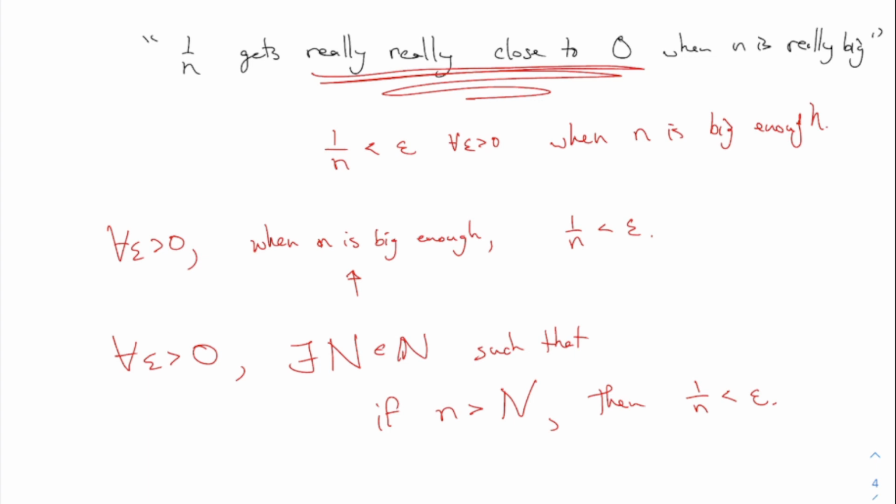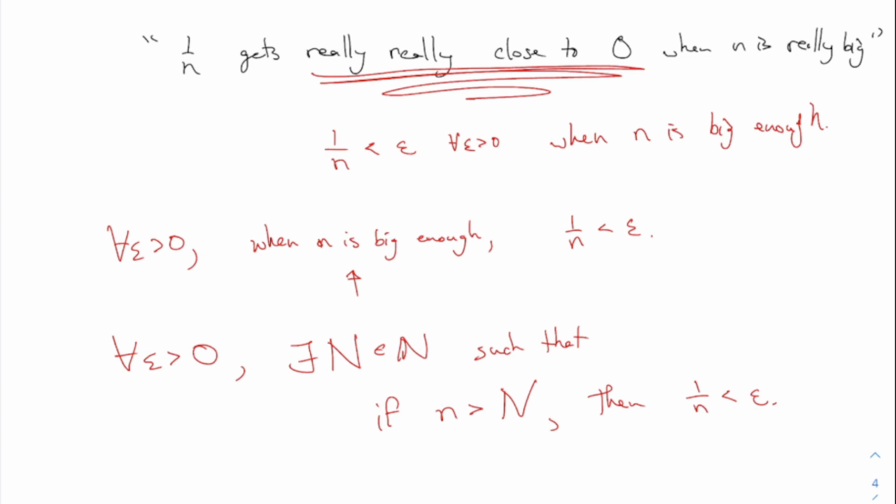So basically this says, beyond this big threshold, all the rest of the terms are smaller than the epsilon. Beyond some particular threshold point, anything beyond that threshold is always going to be smaller than epsilon.